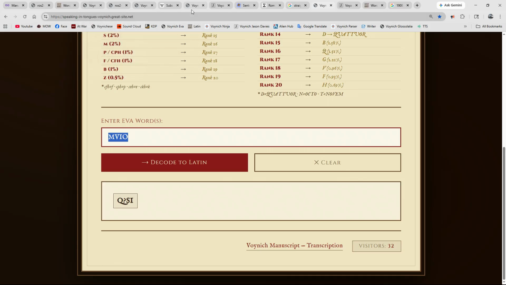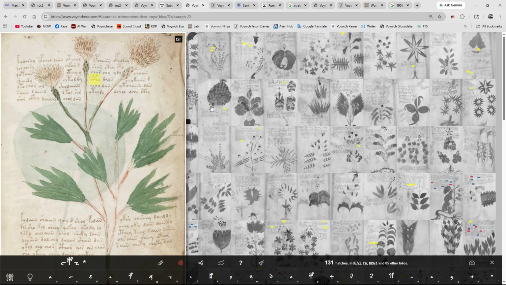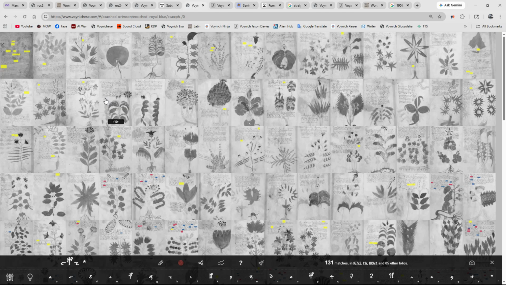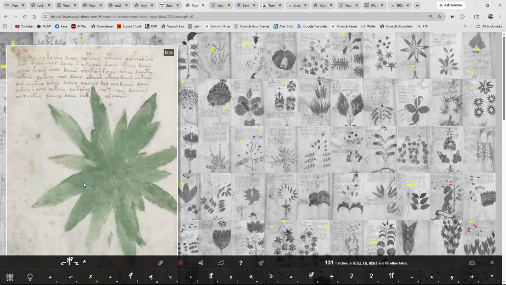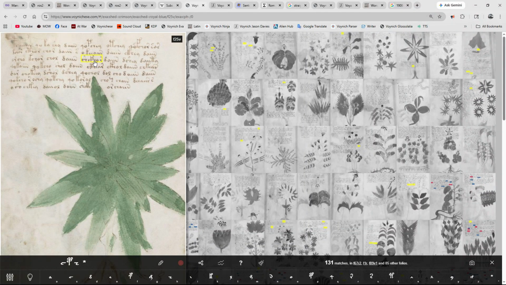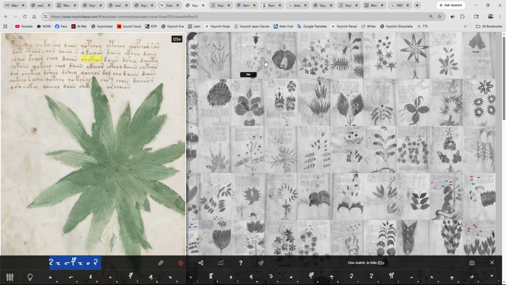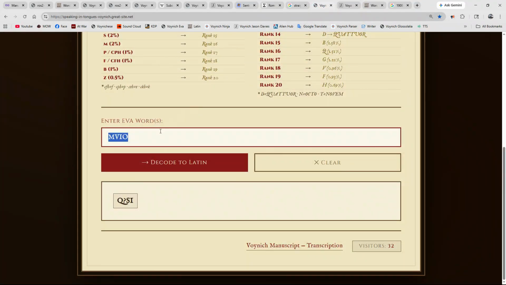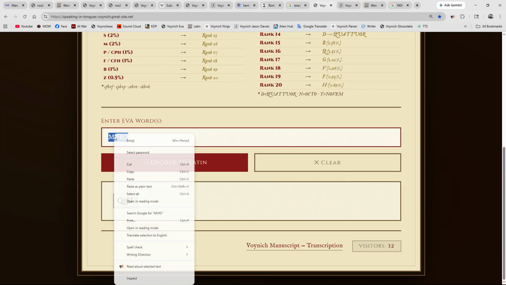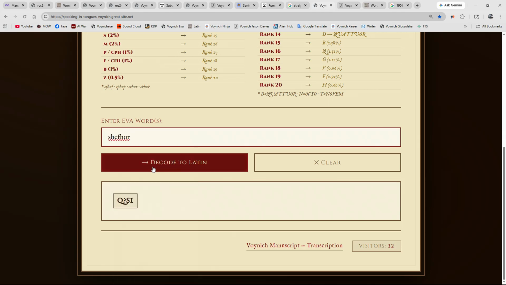However, in the Voynich word, which is right here, it's this word right here. So if I copy this and go back to the cipher and paste it in, that has a gallows in it.